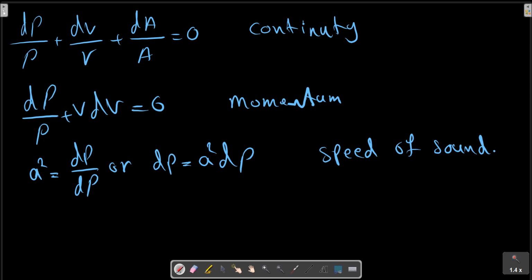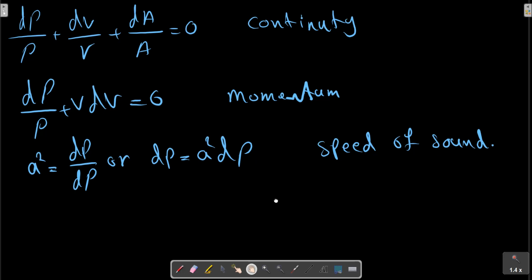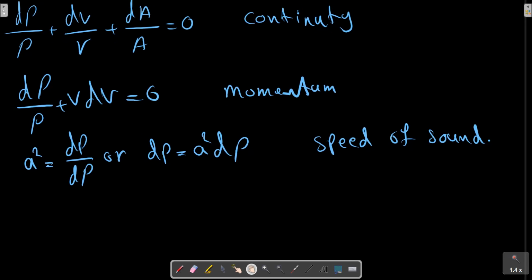Now eliminating dP and d rho from these three equations, we can obtain the following relation.